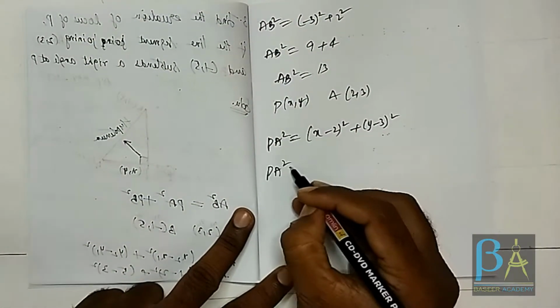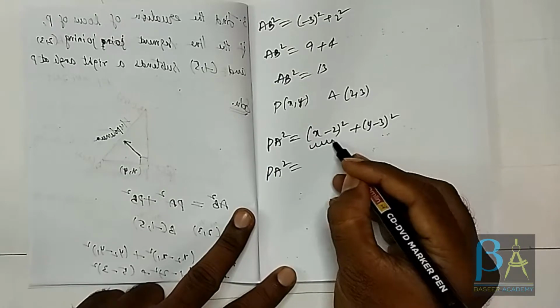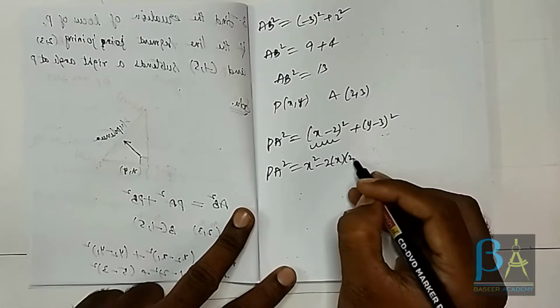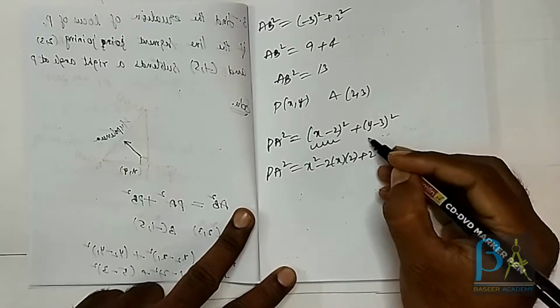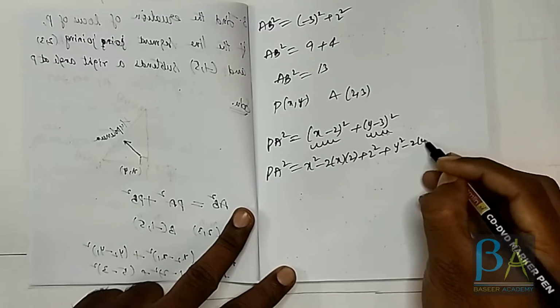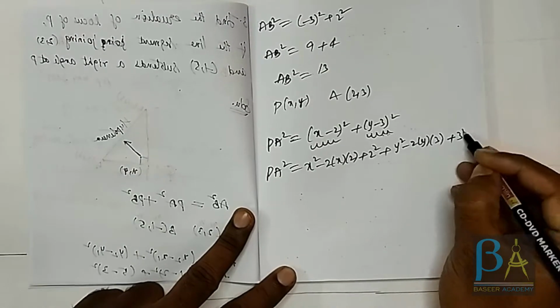That's what I did. So PA square is going to be, let me expand this using the a minus b whole square formula, which is a square minus 2ab plus b square, and let me expand this also using the a minus b whole square formula.